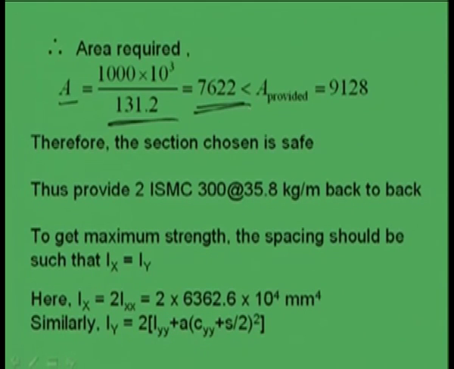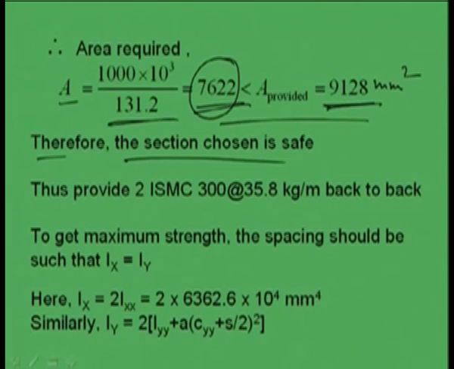This is the area required and we are going to provide 9128 millimeter square. So, this is perfectly okay. In this way, we can say that the section chosen is safe.